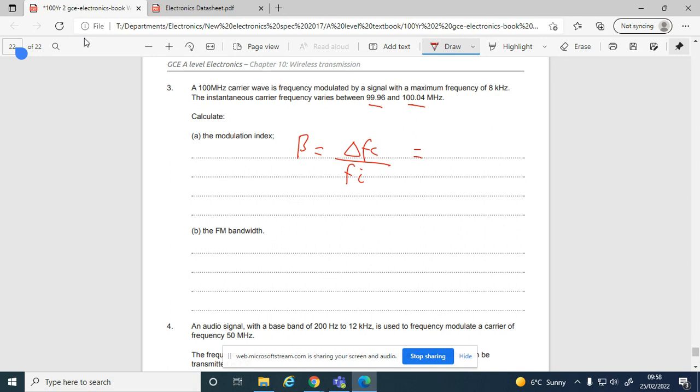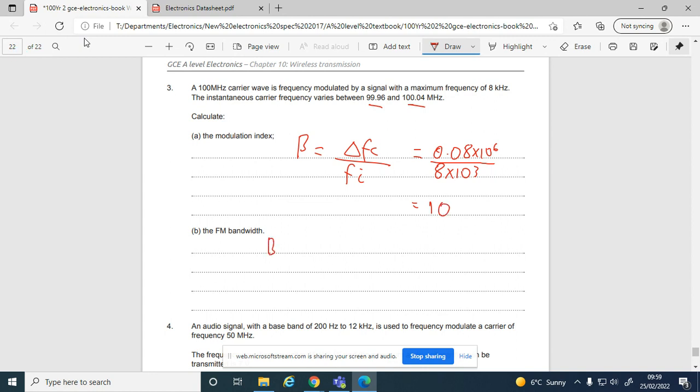Between there and there, that's 0.04 down, 0.04 up. The total is 0.08 megahertz. So let's put it into megahertz, divided by 8 kilohertz, 8 times 10 to the 3. We put them both into hertz so they talk to each other. 10 is the answer, and it's unitless, obviously.